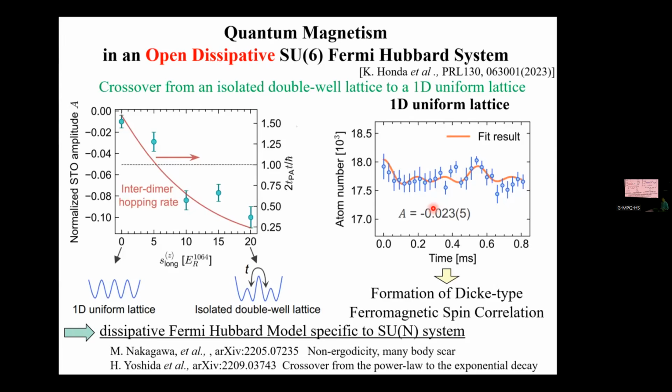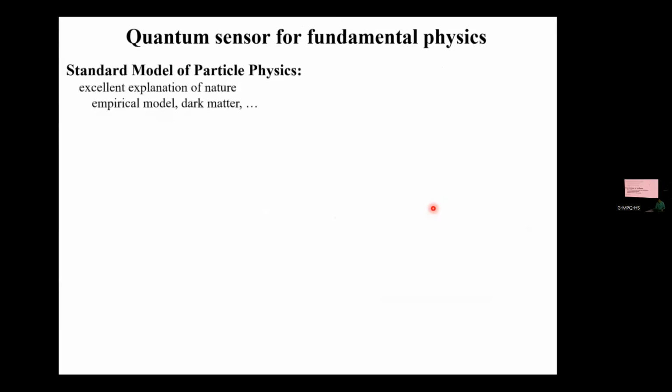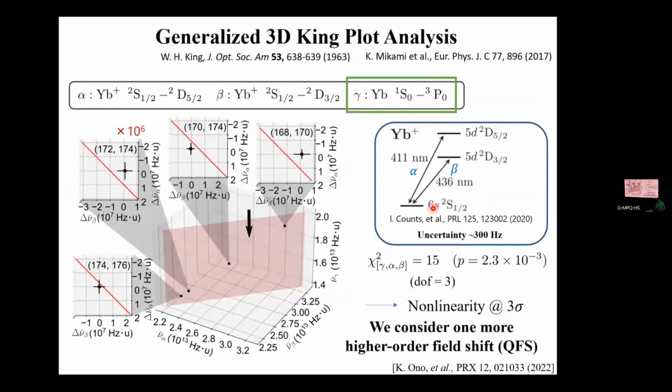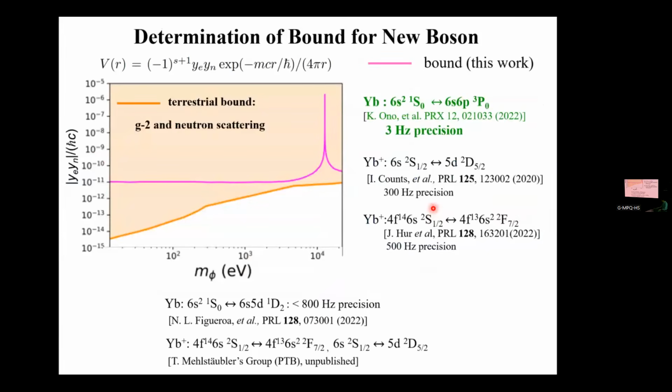I think there was a question over there. Maybe a bit naive, but what was that terrestrial bound you were showing on the new bosons? Our bound is marked with pink, and the orange line is the bound set by the terrestrial bound of the electron g-2 and the neutron scattering data, combined.